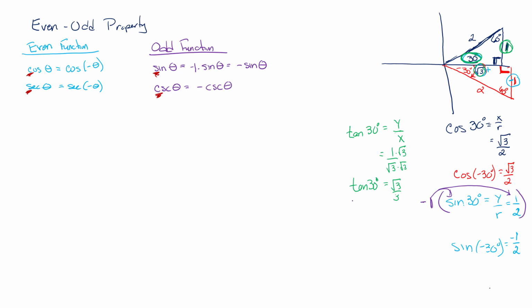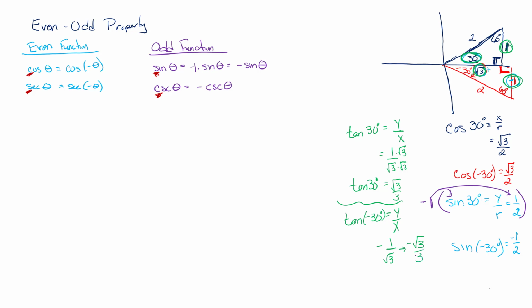And if I took a look at the tangent of a negative 30 degree angle, again, it's still y over x. And for negative 30 degrees, my y value is -1. My x is the square root of 3. So I have -1 over square root of 3, which will rationalize to negative root 3 over 3.